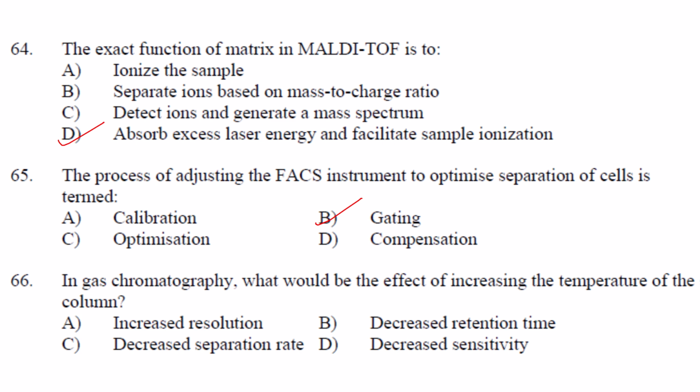So what is this compensation? So now this different fluorophores, they emit light at different wavelength, and these emission spectra, they can overlap in certain cases. So when this happens, the light emitted by one fluorophore, it can be detected by multiple detectors if your instrument is having multiple detectors.